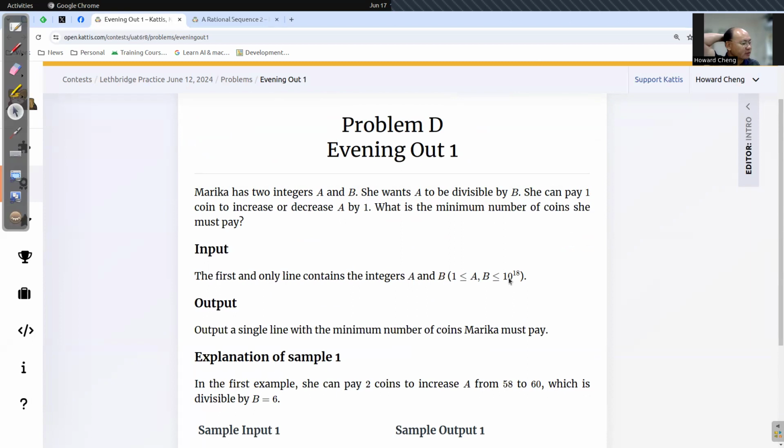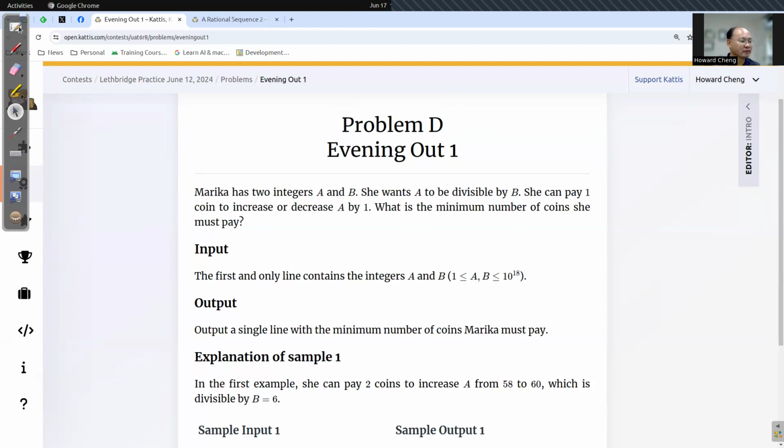Now, immediately, that should give you a bit of an alarm bell, because normal 32-bit integers, if you just use an int, go up to about 2 billion, so about 2 times 10 to the 9. So 10 to the 18 is too much, and we need to use 64-bit integers. 10 to the 18 is okay for a 64-bit integer.